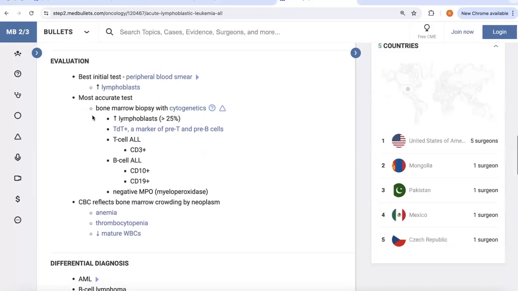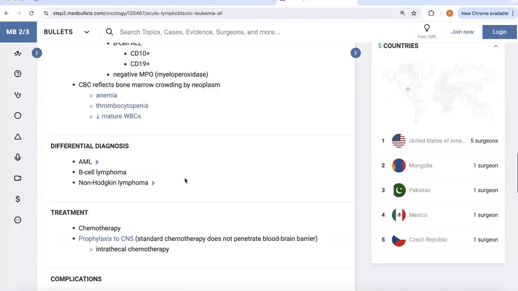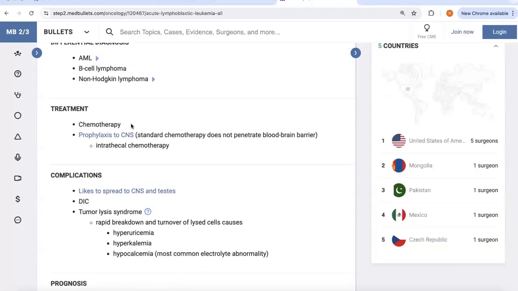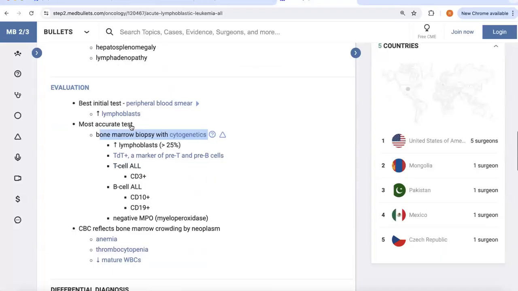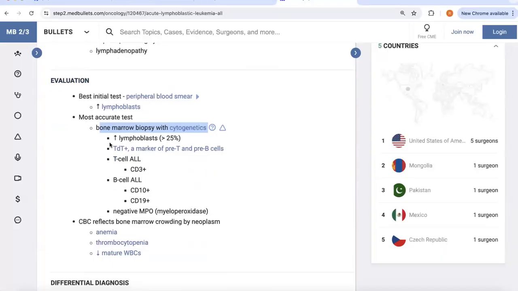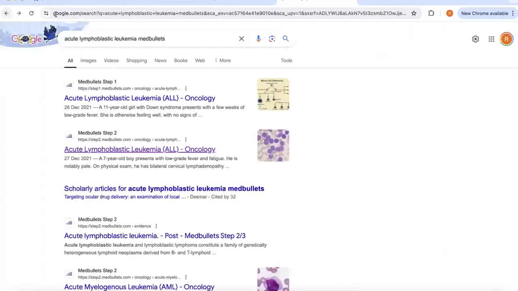So then you confirm it by doing a bone marrow biopsy with cytogenetics, and it will confirm the diagnosis. Okay. The treatment is chemotherapy. So you only need to know what is the presentation, what is your best test and most accurate test, and what is the treatment. And this comes in exam.